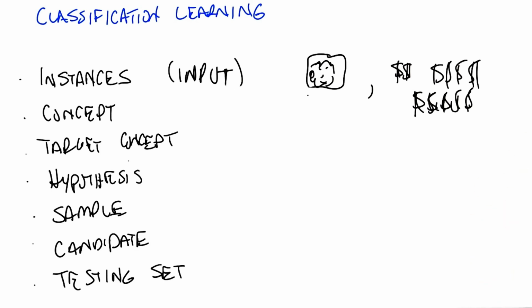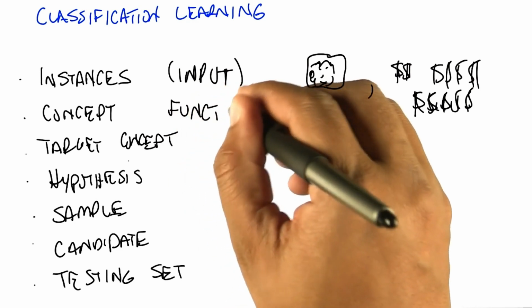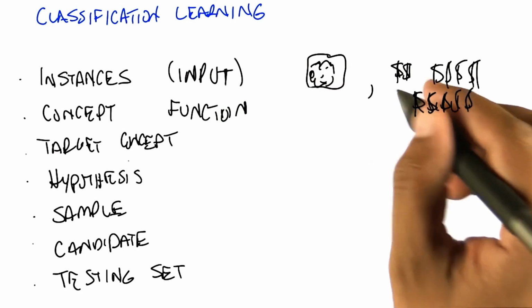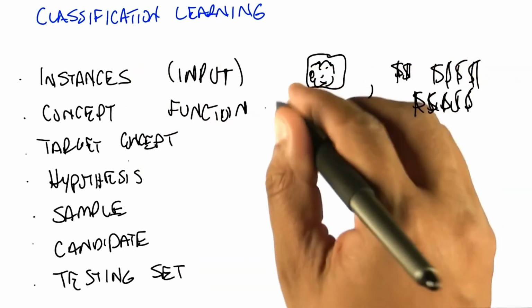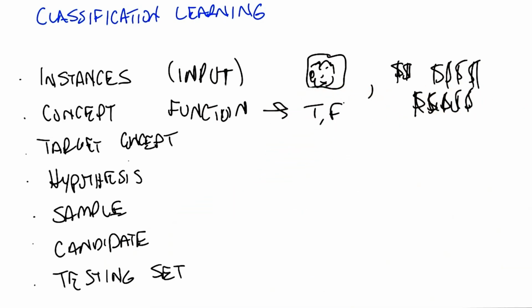So you have instances, that's the set of inputs that you have. And then what we're trying to find is some kind of function, and that is the concept that we care about. This function maps inputs to outputs. So it takes the instances and maps them, in this case, to some kind of output such as true or false. This is the category of things that we're worried about.